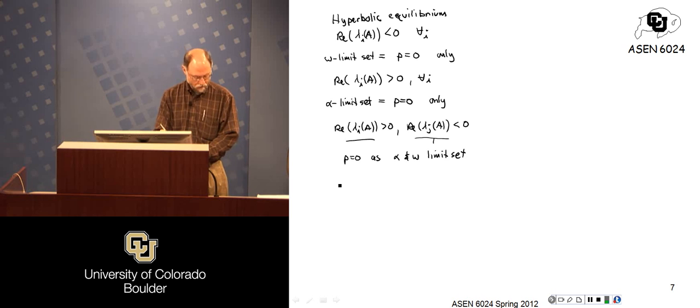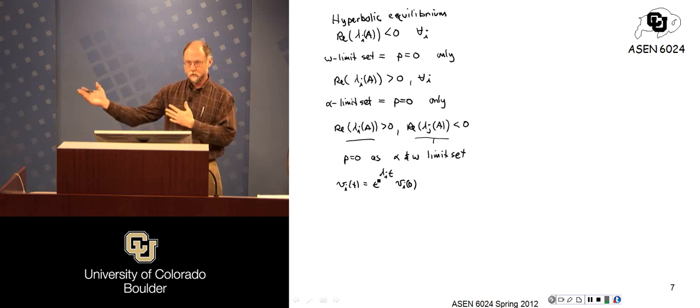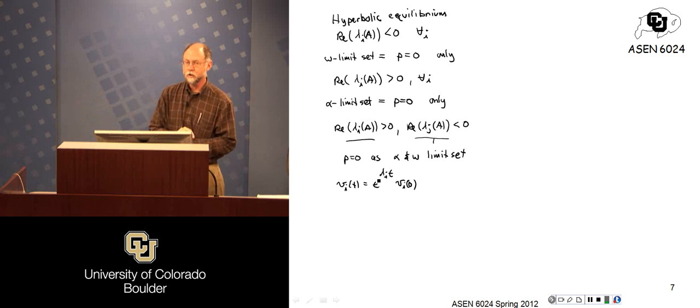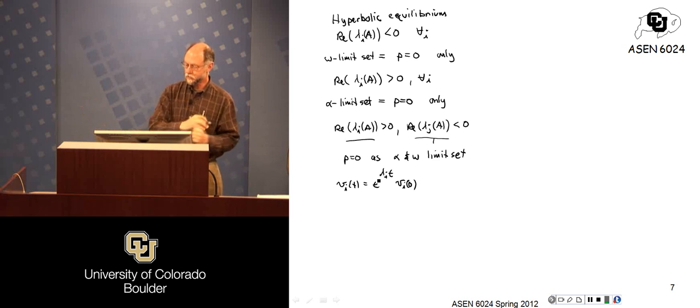And once again, we know that because in that decoupled form, these solutions look like that, and this lambda here either has positive or negative eigenvalues, so this thing is either expanding or decreasing. And so the only way you can have limit points is if you have 0 as the limit point as you're decaying to 0, or if you go backwards in time as you're decaying to 0.